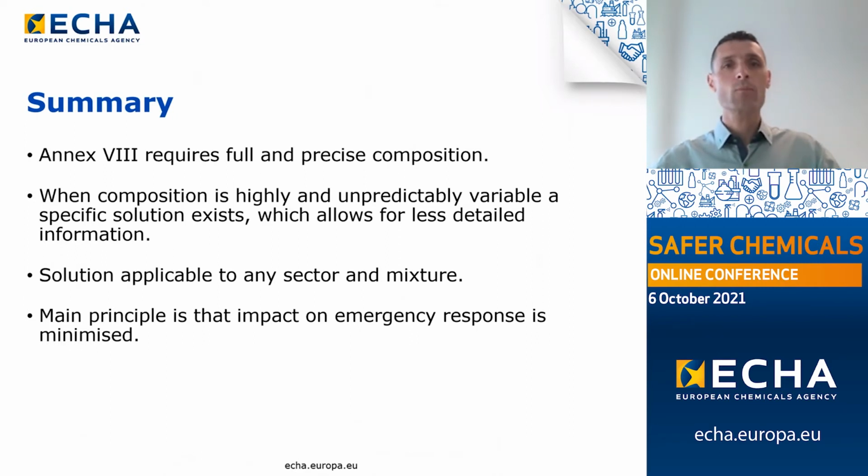Then when the composition in certain situations is highly variable or unpredictably variable, because, as we saw, you may use different suppliers for a component which is similar in a continuous production process, the solution allows for less detailed information. The solution is applicable to any sector and any mixture, and the main principle is that the impact on the emergency response is minimal.